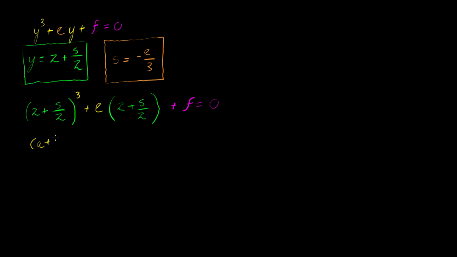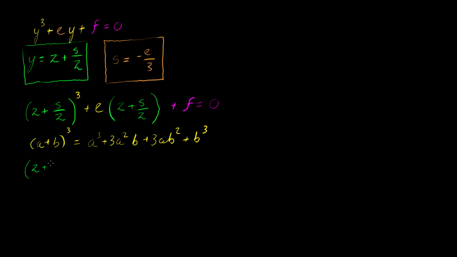So we know that any quantity a plus b cubed, let me just remind you here, is equal to a cubed plus 3a squared b plus 3ab squared plus b cubed. Let's use this to expand out z plus s over z cubed.